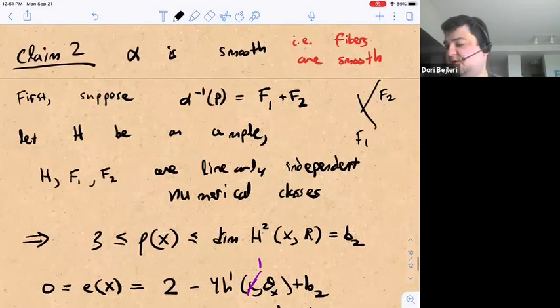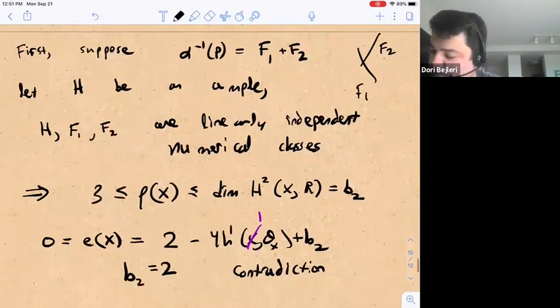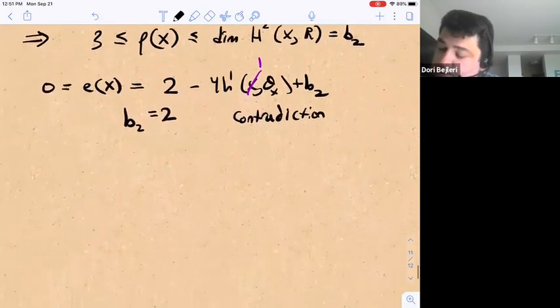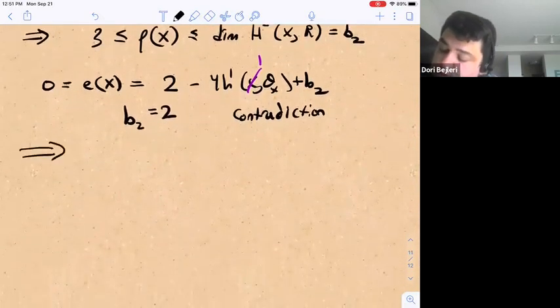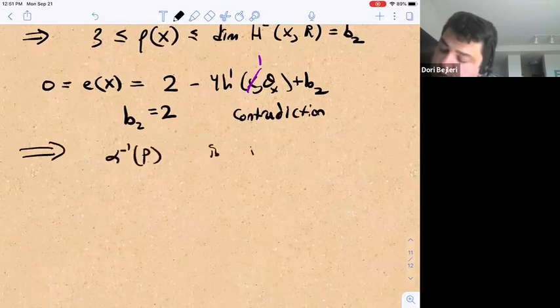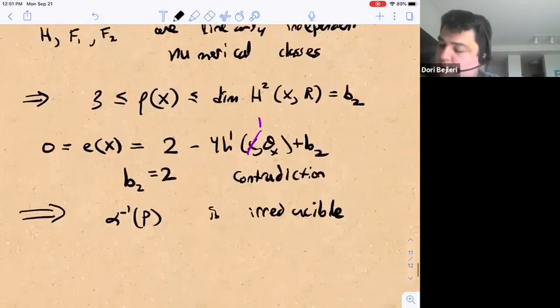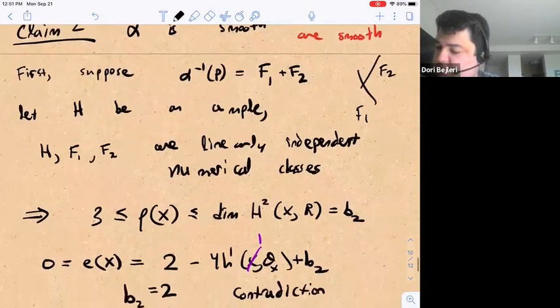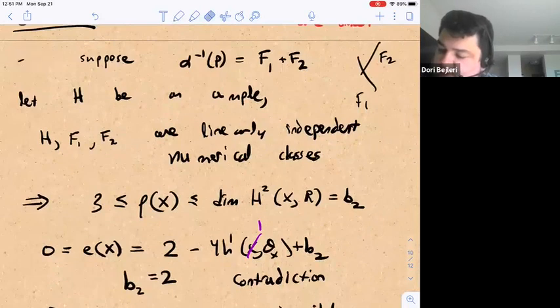So we know the fibers are at least irreducible. Okay, so maybe I'll call this step 1.